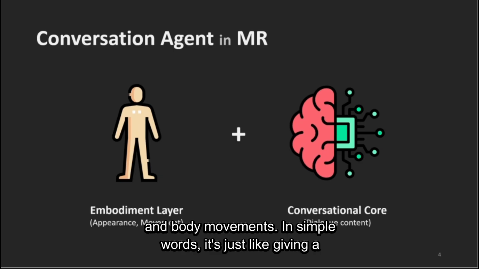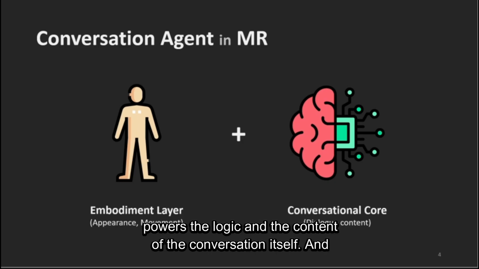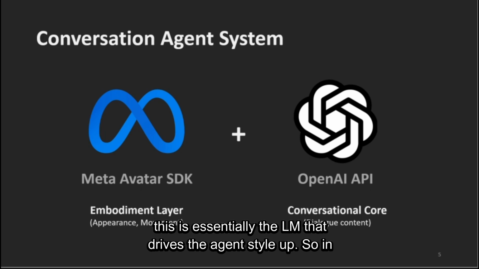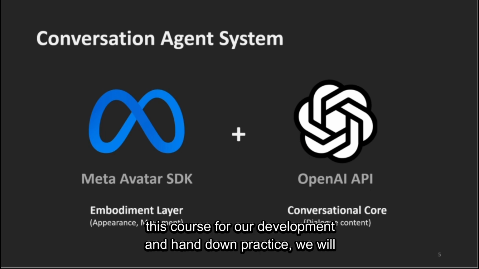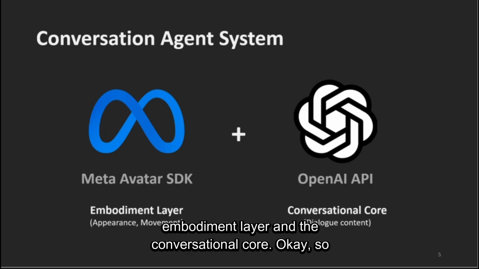In simple words, it's just like giving a body to AI. The conversational core is what powers the logic and the content of the conversation itself, and this is essentially the LLM that drives the agent's dialogue. So in this course, for our development and hands-on practice, we'll be using the Meta Avatar SDK and OpenAI to represent the embodiment layer and the conversational core.